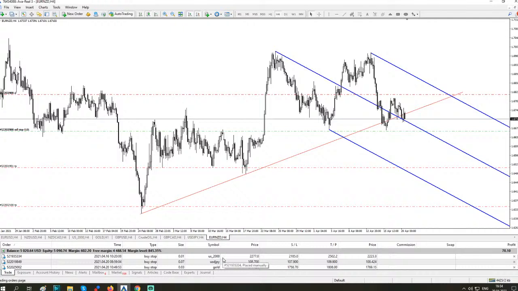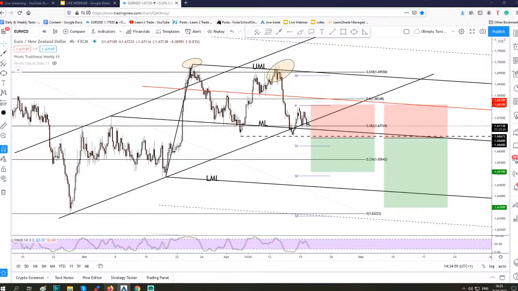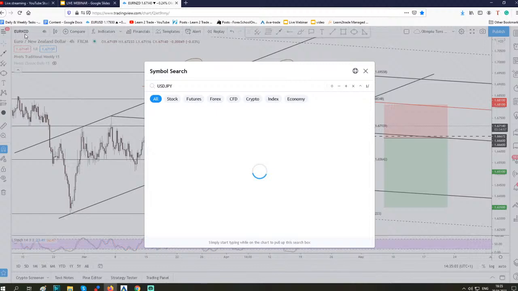And then I will talk about the Australian dollar versus the Japanese yen, about the Canadian dollar versus the Swiss franc, and also about the cryptocurrencies, also about Bitcoin, Ether, and if you have any other suggestions. Okay, let's take a look here at the US dollar versus the Japanese yen.